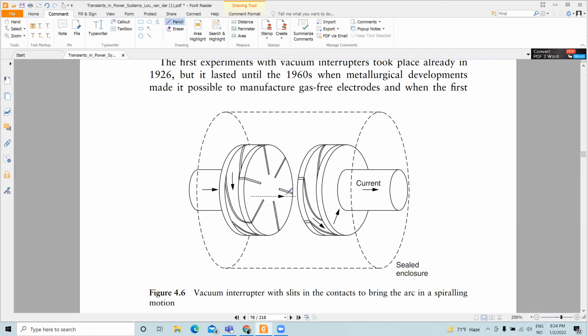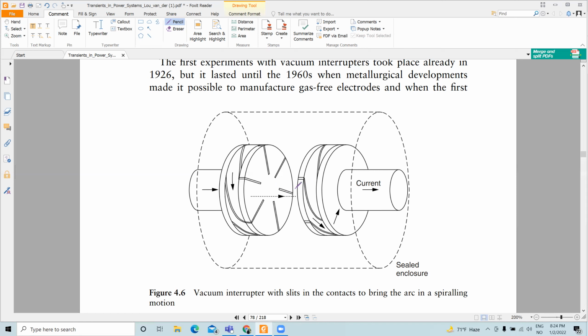Vacuum medium uses vacuum as the interruption medium, but you have two problems. One is you cannot increase the voltage for the circuit breaker to a very high value. That means for transmission levels, you cannot use vacuum circuit breakers.